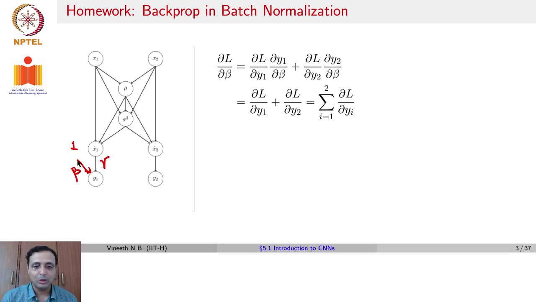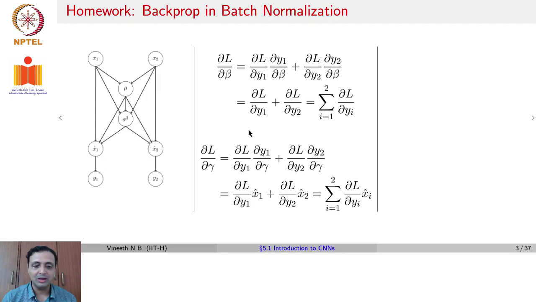Which means dou L by dou beta is going to be given by dou L by dou y1 into dou y1 by dou beta, and similarly for the other y terms, dou L by dou y2 into dou y2 by dou beta, and so on and so forth. Dou y1 by dou beta, as you can see here, is going to be 1. So this is going to simplify to dou L by dou y1 plus dou L by dou y2, which is the final gradient of dou L, where L is the loss, with respect to beta. Let's move on to the next one.